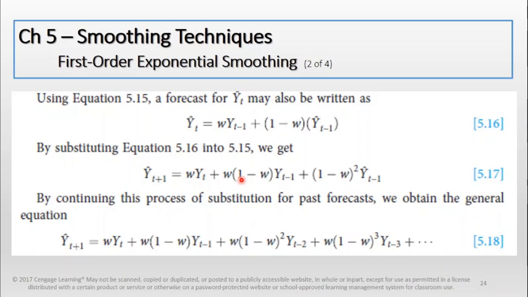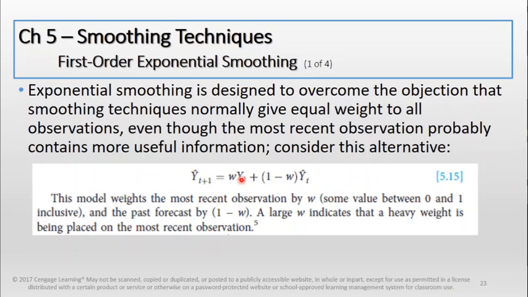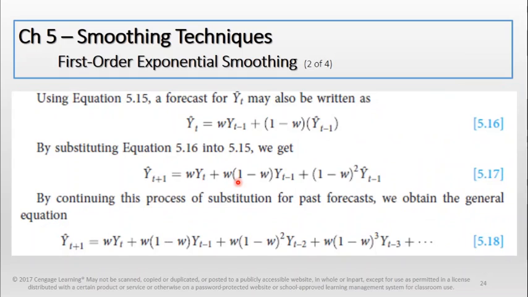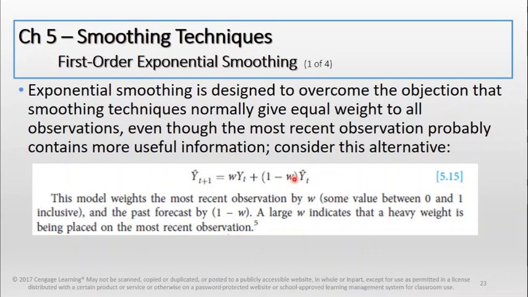So using equation 5.15, or this one, a forecast for y circumflex t may also be written as follows. Your yt here, no, not that one, this one, is being isolated.